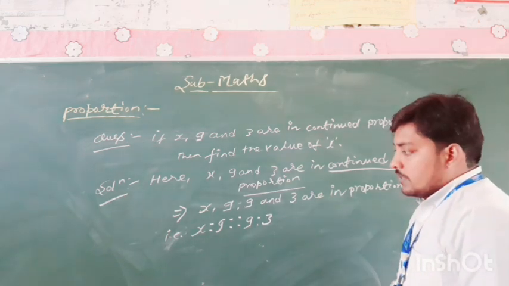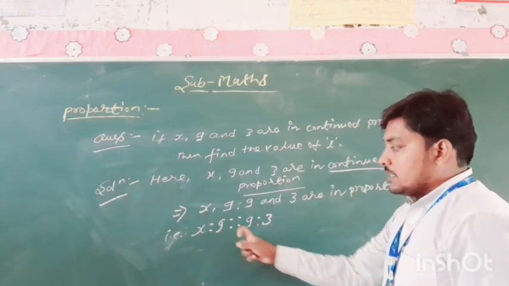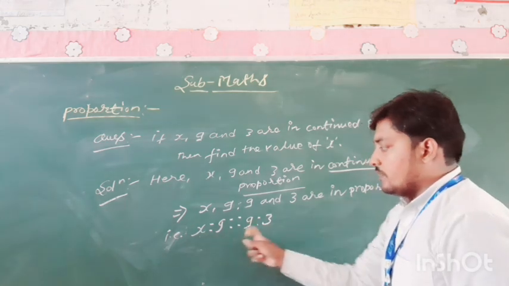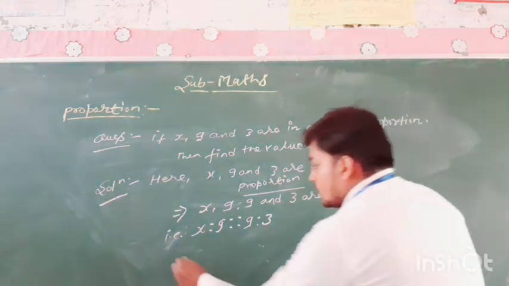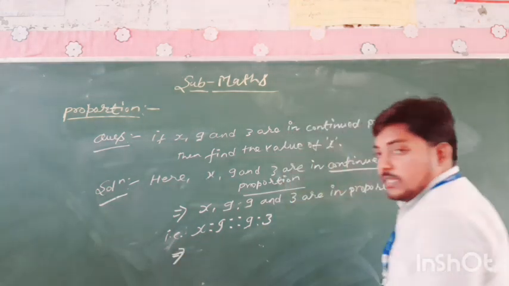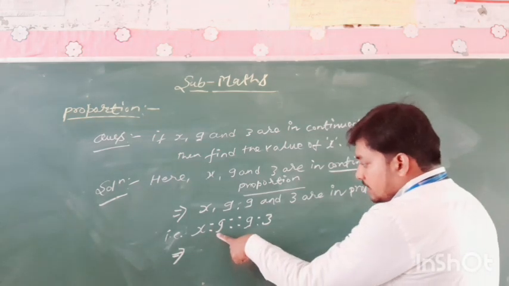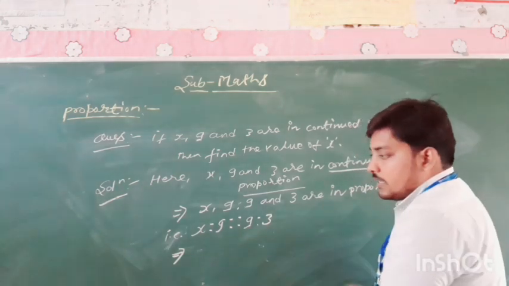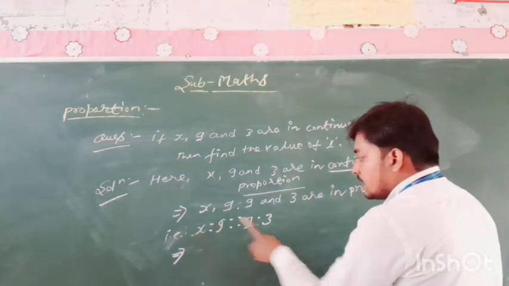Now again, product of means is equal to product of extremes. So product of means, it means middle terms are 9 and 9 and extreme terms are x and 3.